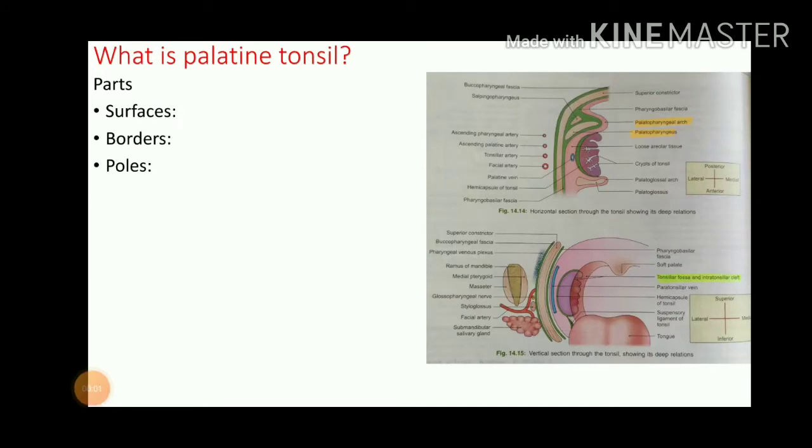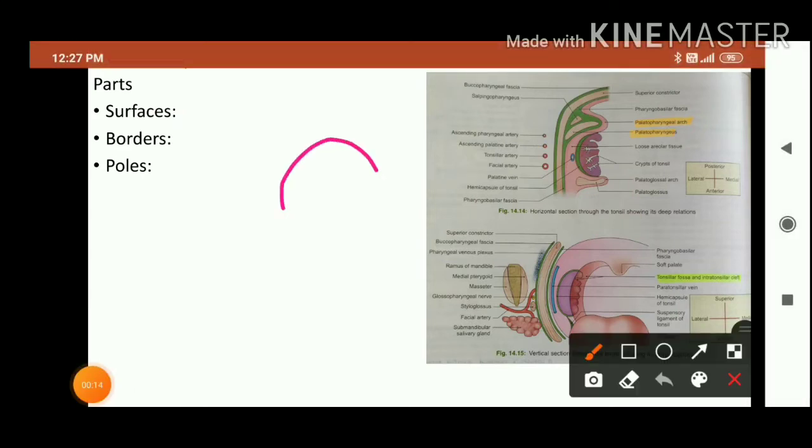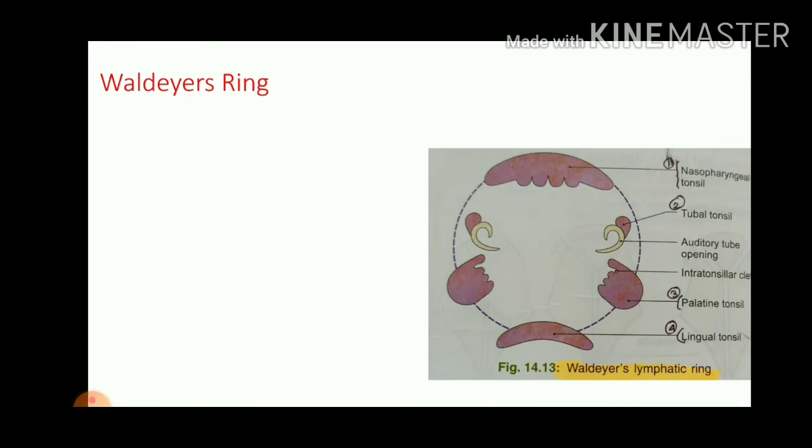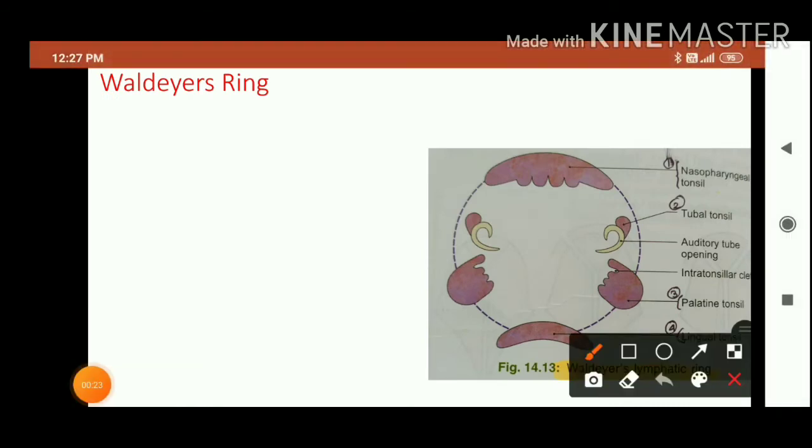Now, what is palatine tonsil? You see that in relation to oropharyngeal isthmus, we are having several aggregations of lymphoid tissue, and those aggregations of lymphoid tissue are arranged in such a manner so that they are forming one ring, and this ring is called Waldeyer's ring. Now you have a look at this diagram. You see that the Waldeyer's ring is basically formed by four aggregations of lymphoid tissue.